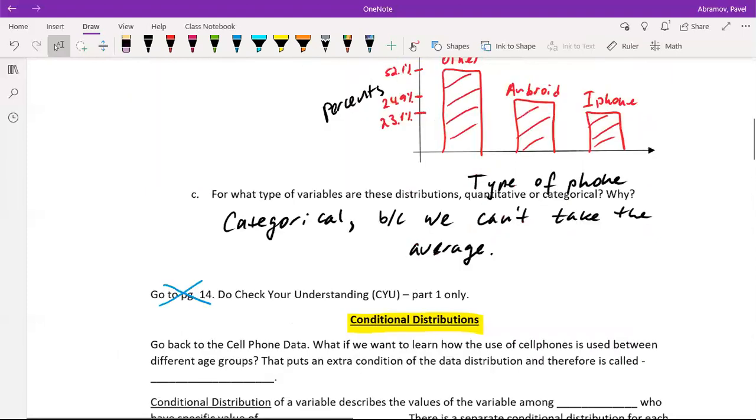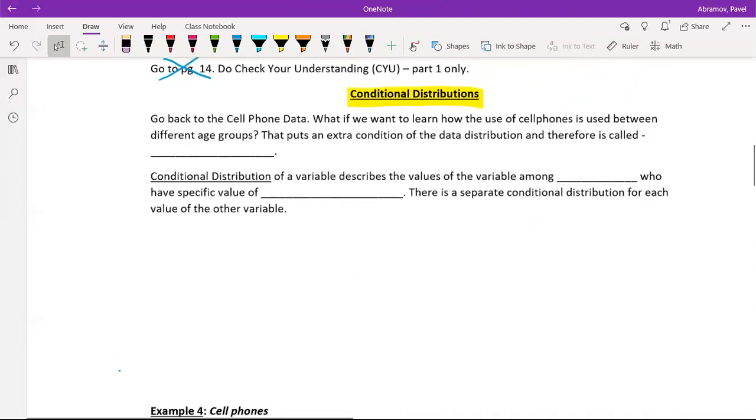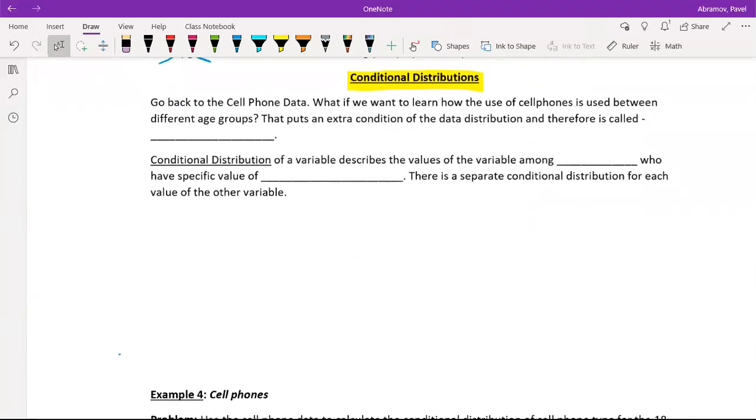But what if I want a more detailed description and to know how the types of phones are distributed between different age groups? Well, that puts an extra condition on the data distribution, and therefore it's called a conditional distribution.